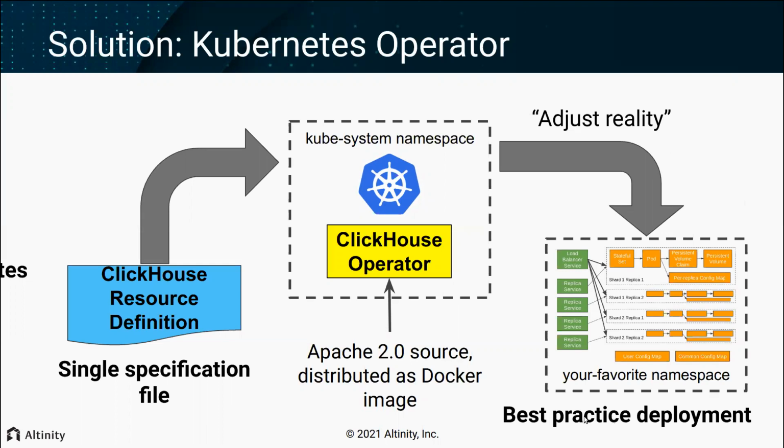And that gets what we call a best practice deployment, where basically it'll set up ClickHouse. It will do all the configuration files, which are relatively complex. It can help you ensure that you get the right amount of storage, so on and so forth. It provides monitoring. It provides a bunch of stuff that's necessary to really run ClickHouse, particularly in production on Kubernetes. And this all happens from a single file.